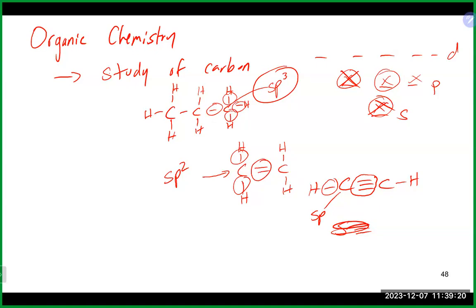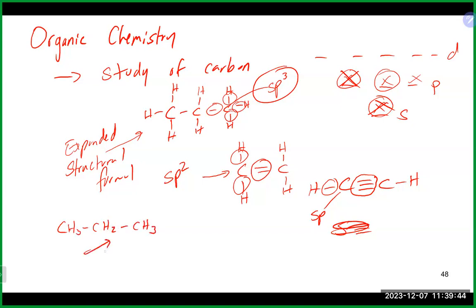We talked also about some different types of formulas. This is what is sometimes referred to as the expanded structural formula. And that's basically a Lewis structure where you draw out all the bonds to the hydrogens. There's also condensed, which is used a lot in organic chemistry, which looks something like this, where you do not draw out the hydrogens.